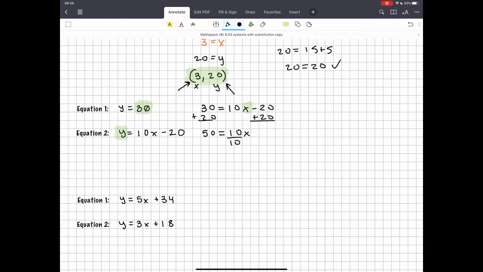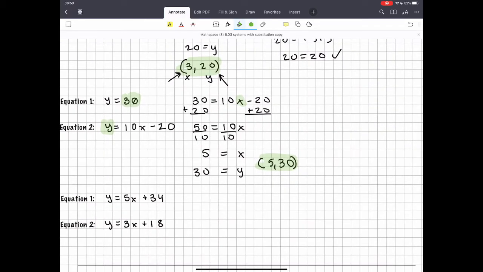And you can probably figure out from here, if I divide both sides by 10, I've got x equals 5. So I now know that x equals 5, and I know that y equals 30. So that would be 5 comma 30 is the point on the graph where both those lines would intersect.